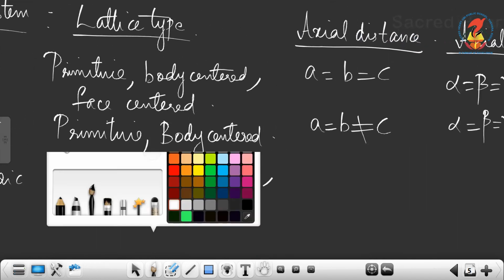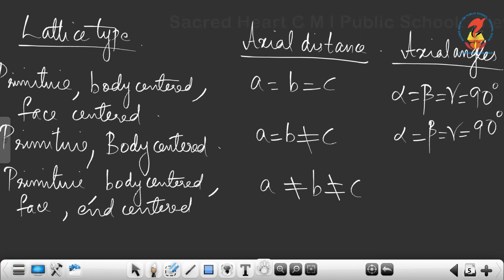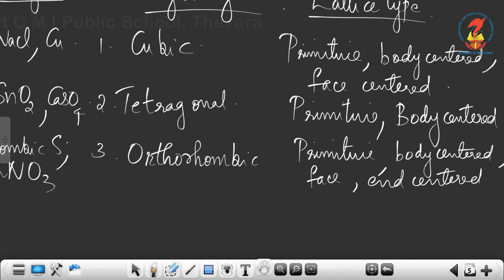Now the axial distance in orthorhombic is A not equal to B not equal to C, and the axial angle is alpha equals beta equals gamma equals 90 degree. So this is the third crystal system.